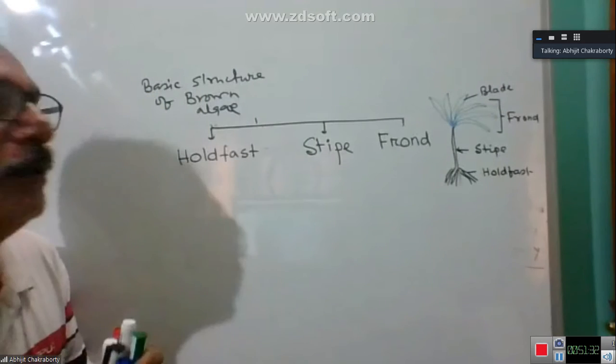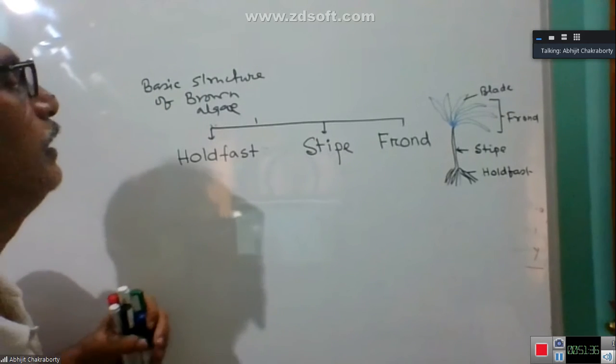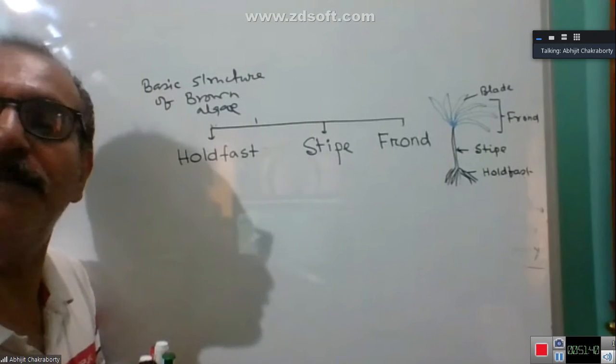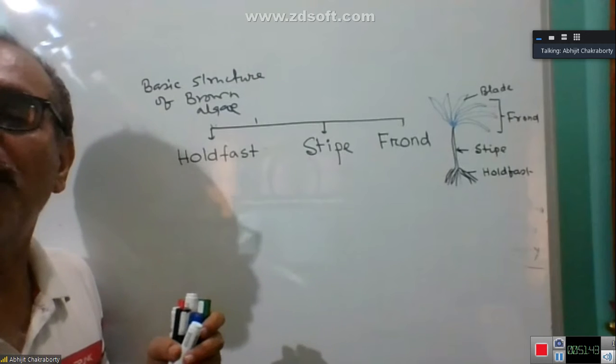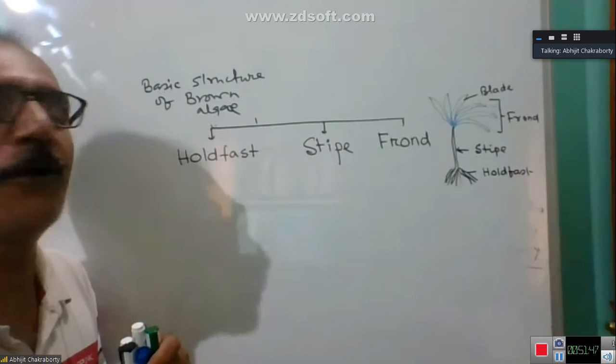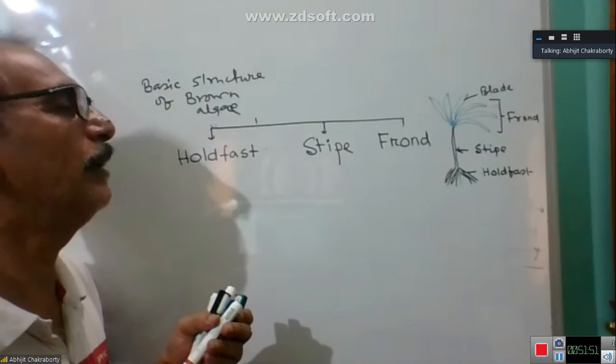So these are the basic structures found in brown algae. The body has a holdfast by which it gets attached to the substratum. The stipe is the stalk-like structure that bears the photosynthetic organ, which is actually the frond. Obviously, they are autotrophs and can prepare their own food.